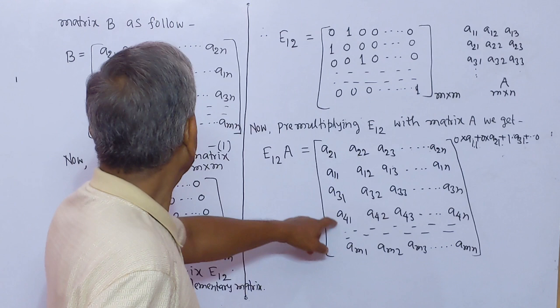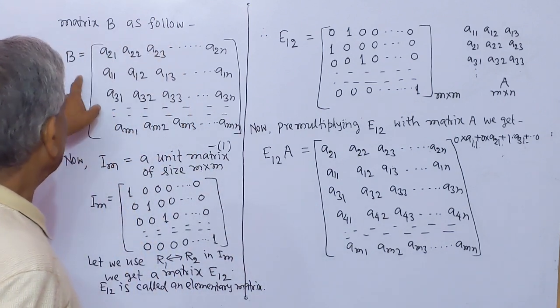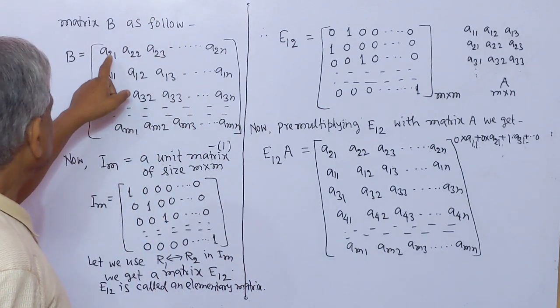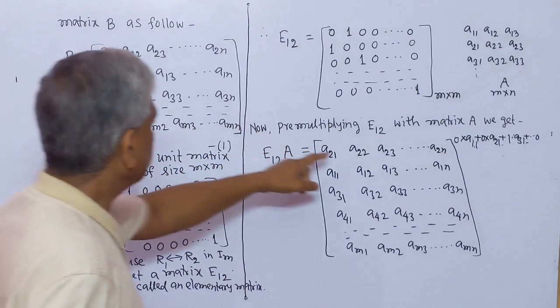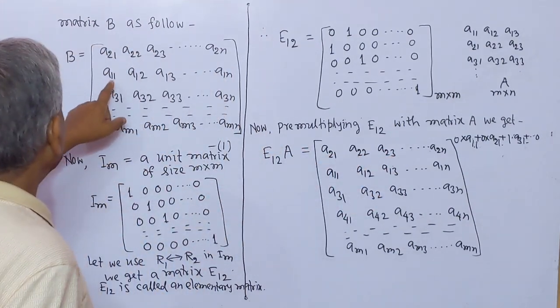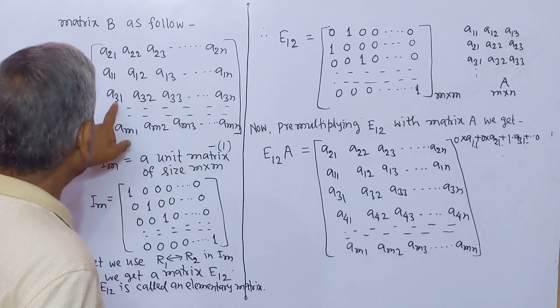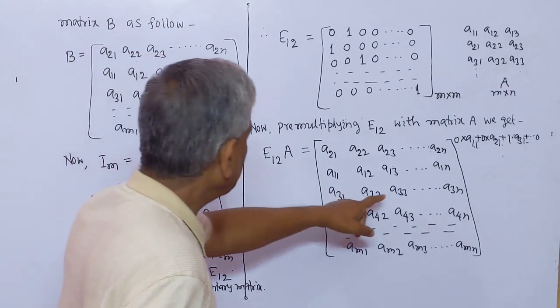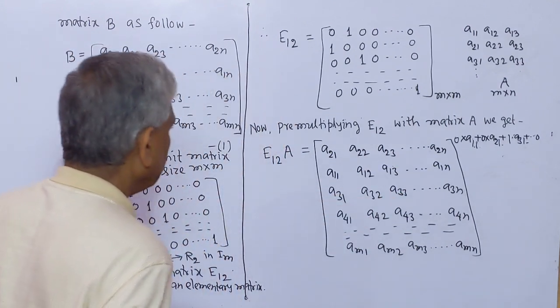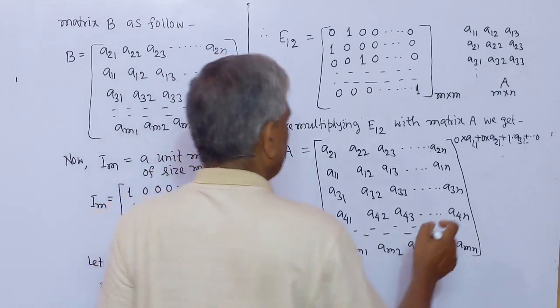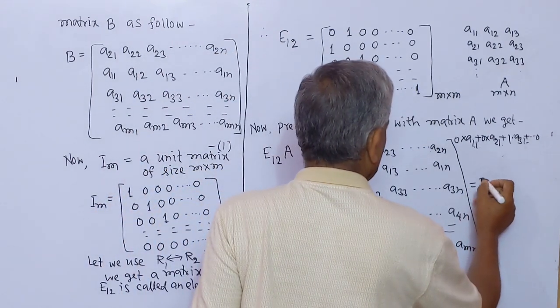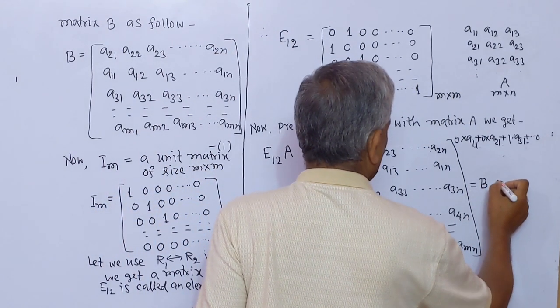This is the same as B. In the first row A21, A22, A23. In the second row A11, A12, A13. In the third row A31, A32, A33 and so on. This is equal to B from 1.